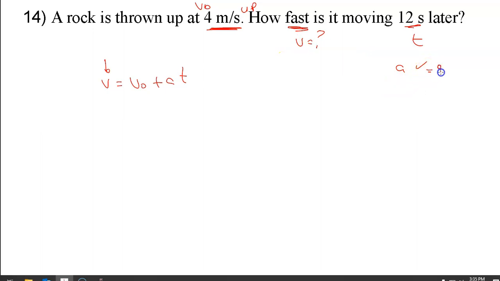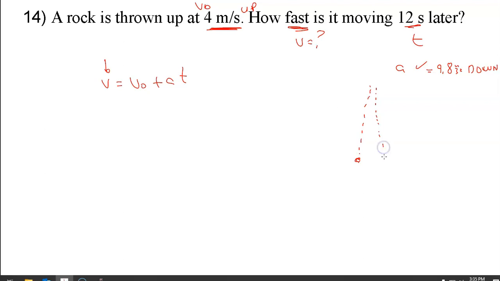Acceleration is down. See how I've got some up and some down? Something's got to be negative. All right? So I'm picturing a rock that's here. It gets thrown up into the air. It's slowing down, and then eventually it's going to stop and fall back to Earth.